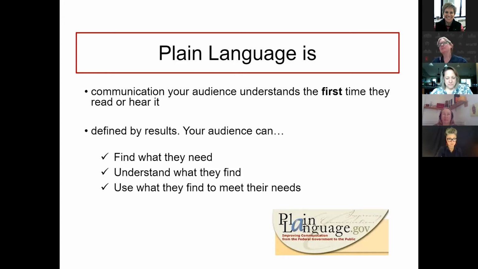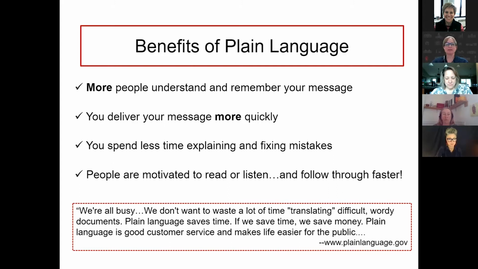All right, a little bit of background about plain language. Beginning with an executive memo in 1998, and most recently with the Plain Writing Act of 2010, the federal government has mandated that federal agencies use language that the public can understand and act on in various federal websites and publications.